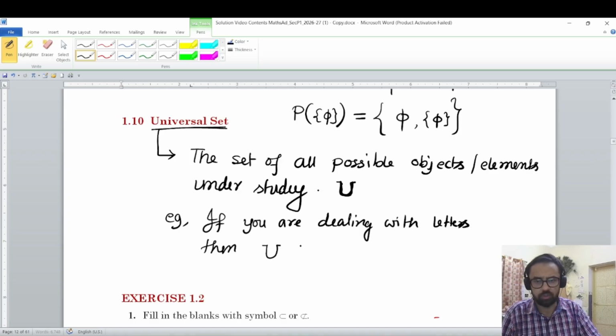Your universal set will be all the letters A, B, C, all the letters up to Z. If you are dealing with natural numbers, then all the natural numbers will be your universal set. If you are dealing with students, then all the students of your school or of your class, depending on your question, that will be your universal set.